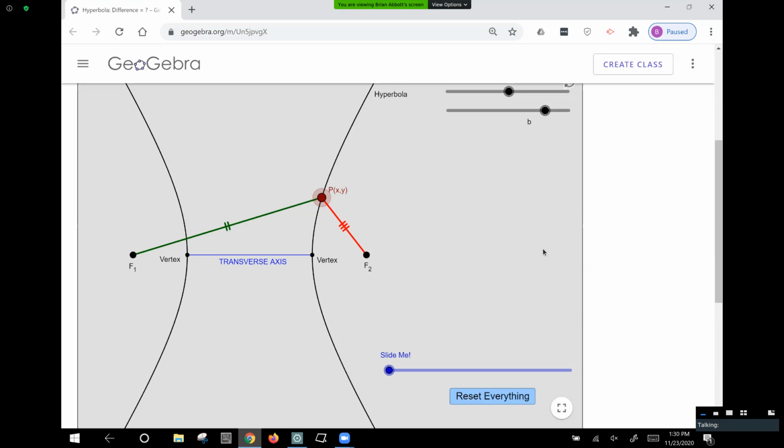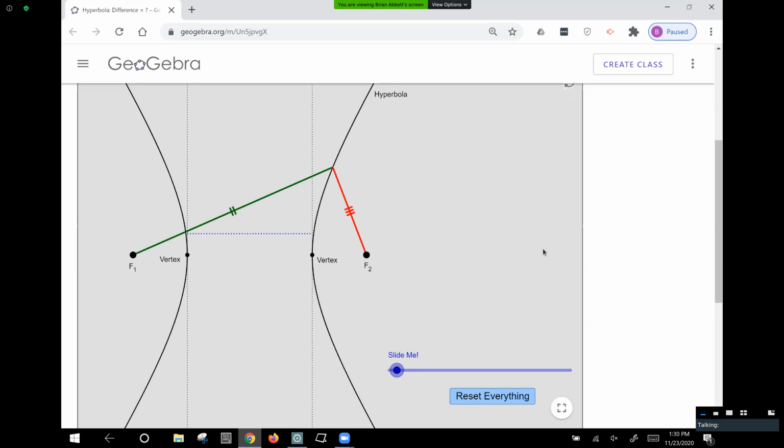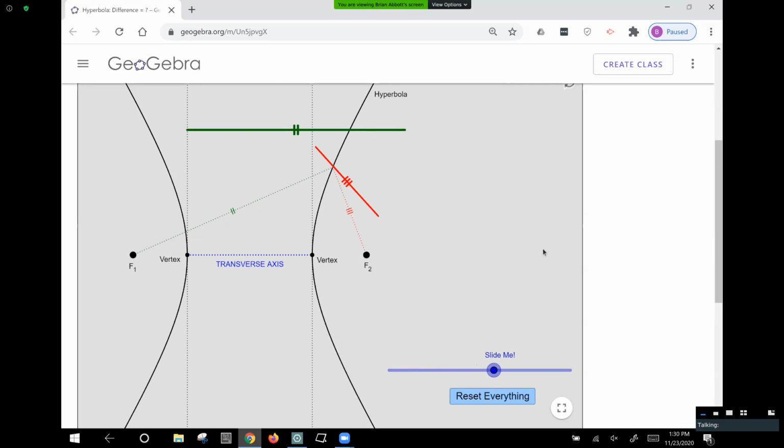I could move this point anywhere around, and you can see the distances from that point to the respective foci changing. So let's see if we can illustrate the fact that the difference between these two distances is always equal to that one fixed value, the distance of that transverse axis between these two.